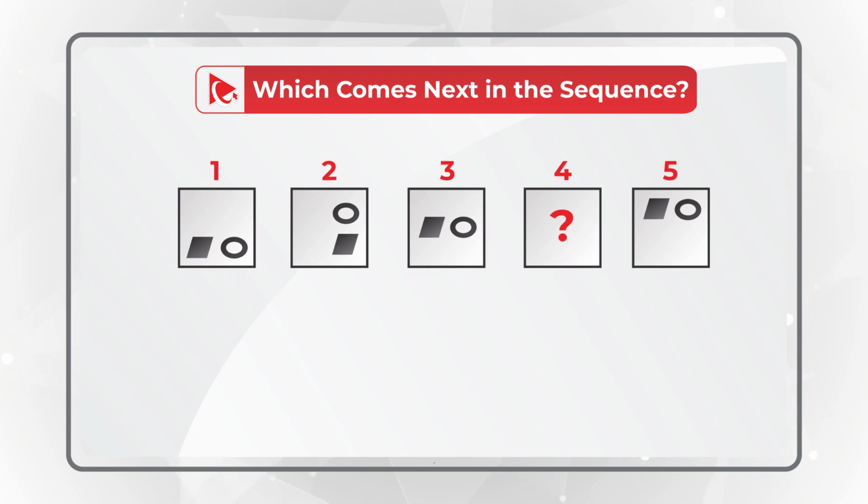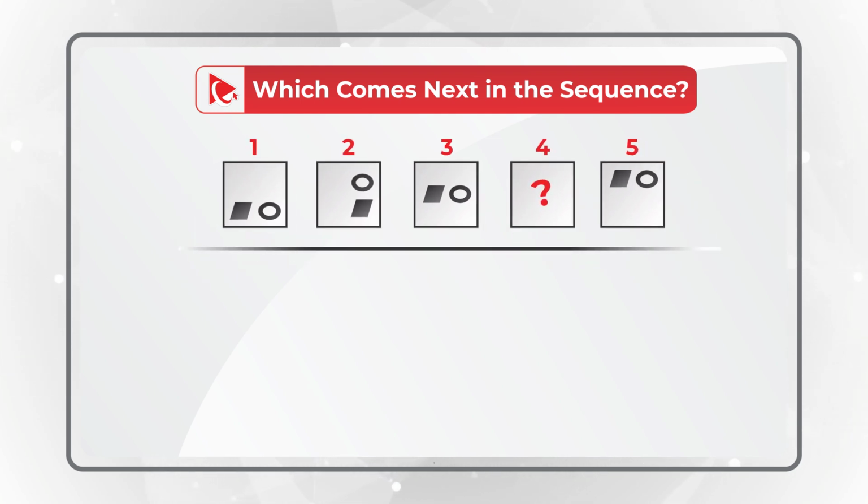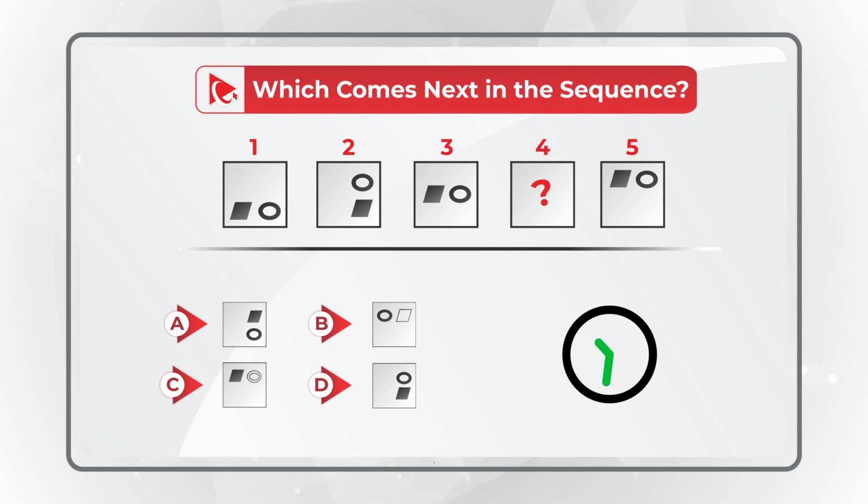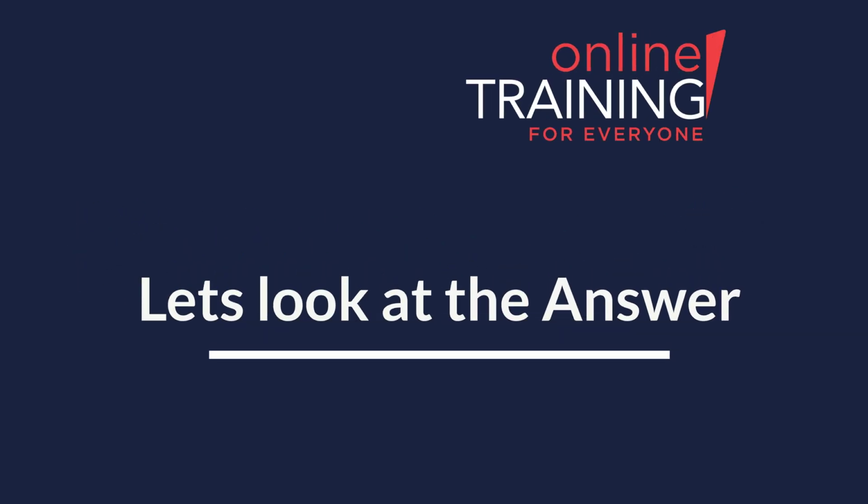You have 4 different choices to choose from. Choices A, B, C, and D. Give yourself a little bit of time, look closely to see if you can get to the correct answer. Are you ready? Let's move forward and get to the correct solution together.